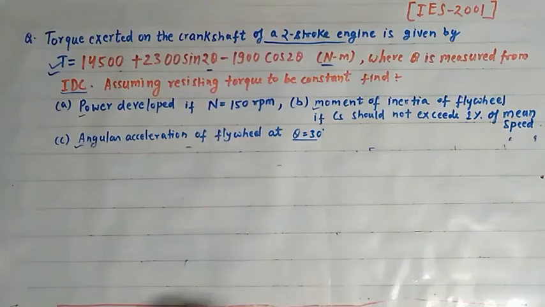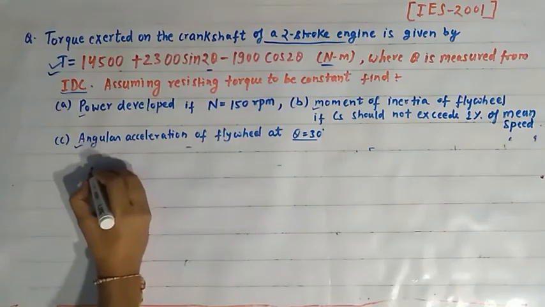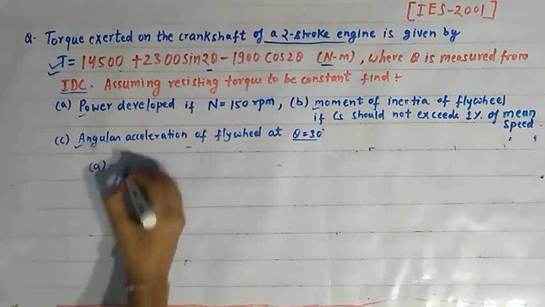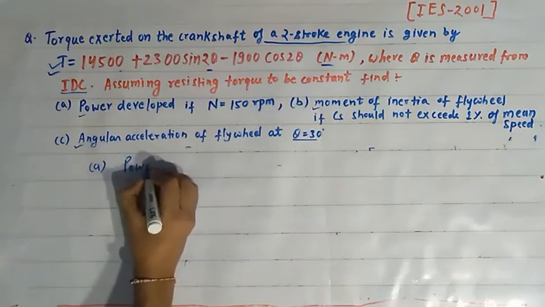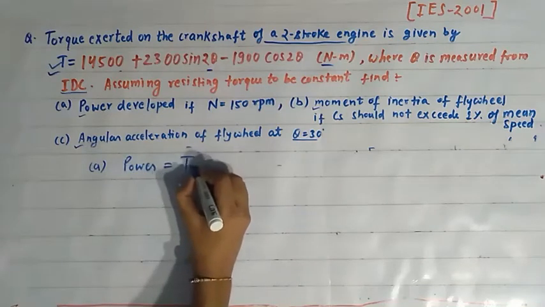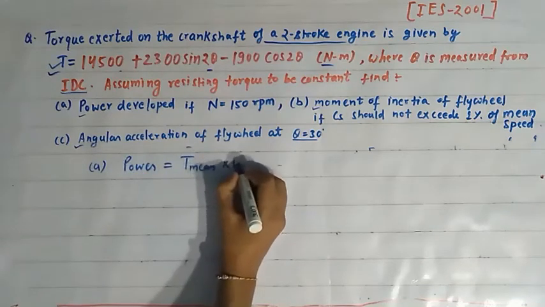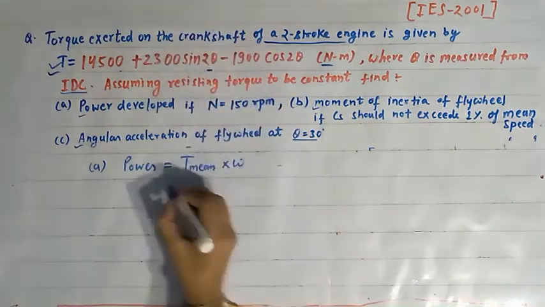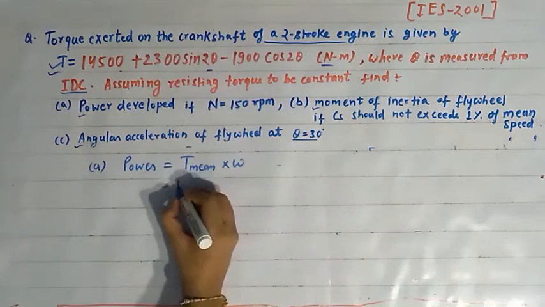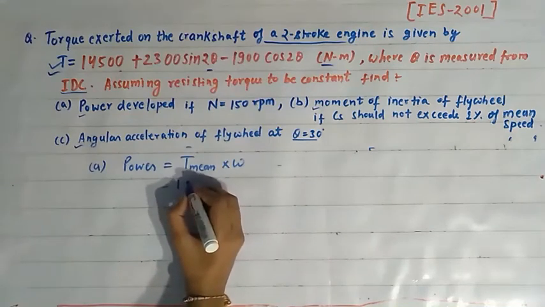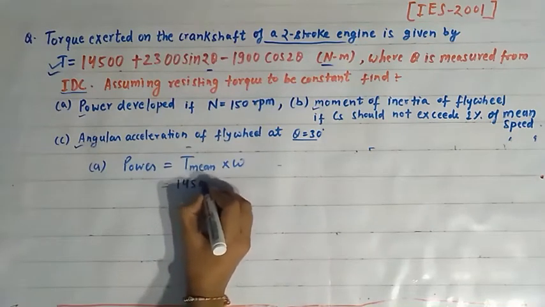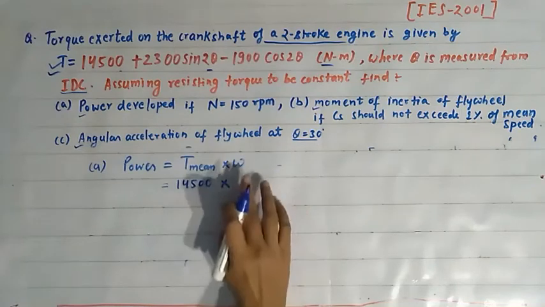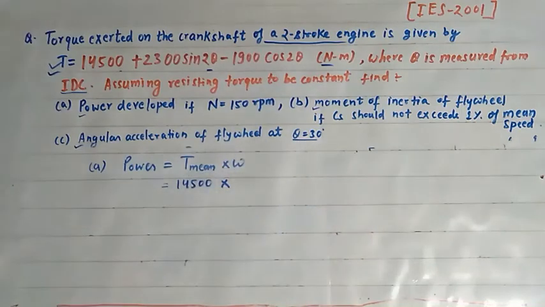Our question is we have to calculate the power. Now we know that the formula for power is, the A part we have to calculate. Power is equal to T mean into omega, where omega is the angular speed of the crankshaft. Now we know, friends, our T mean from step number 3 was 14500, and omega was coming out to be how much?